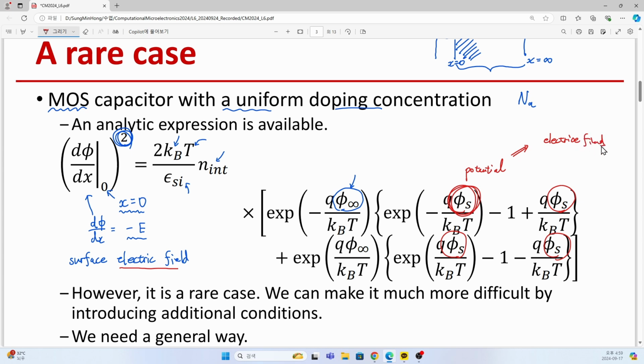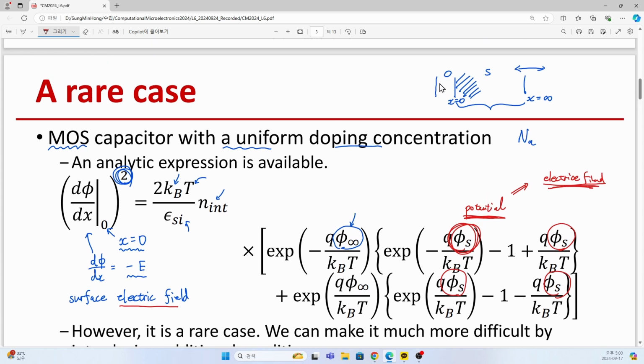In other words, if we know the surface electric field, then by applying the Newton method we can calculate the surface potential. Even when we have an oxide layer whose thickness is T ox, we can still do it. When we have a certain gate voltage, it is converted into an electrostatic potential by way of Vg minus flat band voltage.